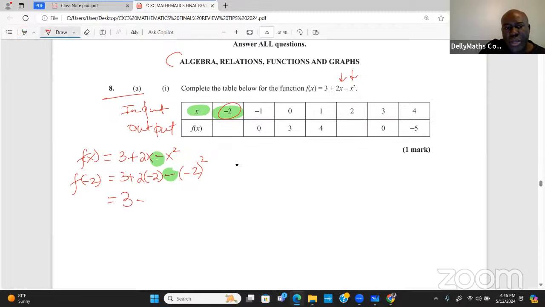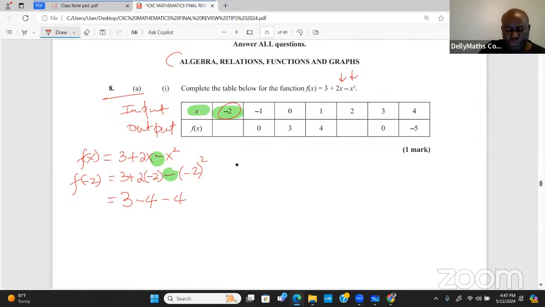So what we have here is 3 minus 4 minus 4, right? Hold on. Hold on. Plus 2 times -2 is -4. Okay, minus 2 squared, minus 4. All right, good.